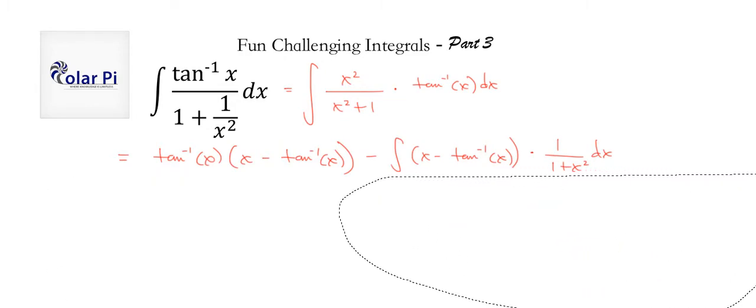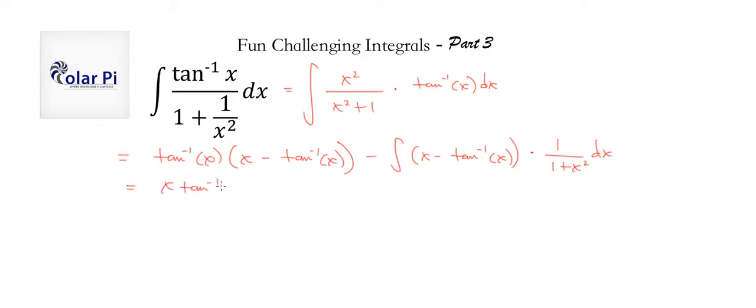Cool. And what do we have left to do here? Well, we have the following left to do. First, let's distribute the tan inverse over here and write that we've got x tan inverse of x minus tan inverse of x all squared. And then minus this integral, let's write as two separate integrals, this one giant integral here.